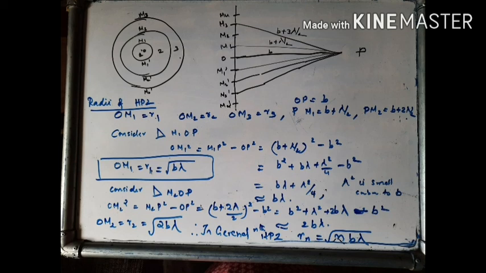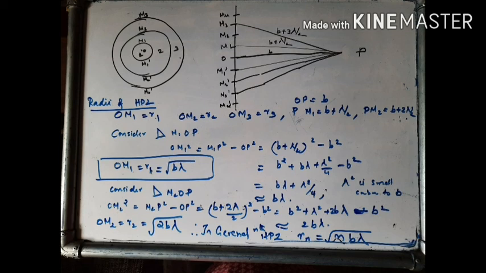Now we can consider the radius of the second half period zone. For that, we consider the right angle triangle M2OP. So OM2 squared is equal to M2P squared minus OP squared. Substituting for M2P and OP, (b plus 2 lambda by 2) the whole squared minus b squared, and expanding that, b squared plus lambda squared plus 2 b lambda minus b squared.